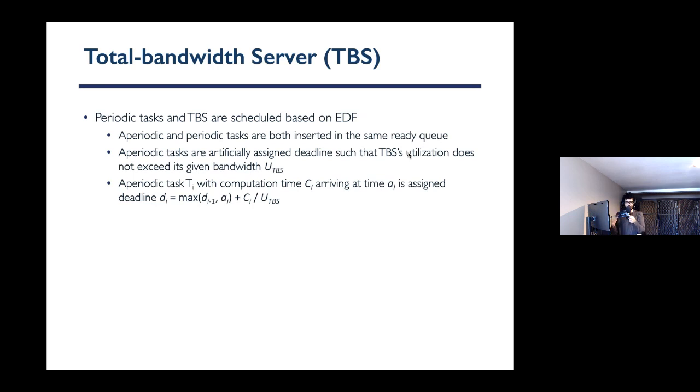So this becomes your U_TB. So you want all your aperiodic tasks to collectively use this 30%. So this 30% becomes your bandwidth for your aperiodic tasks, because you cannot go further than this, because your periodic tasks are using 70% of utilization. Now, if aperiodic tasks have utilization of more than 30%, then the system is not schedulable, because the total utilization goes above 1, which is not desirable.